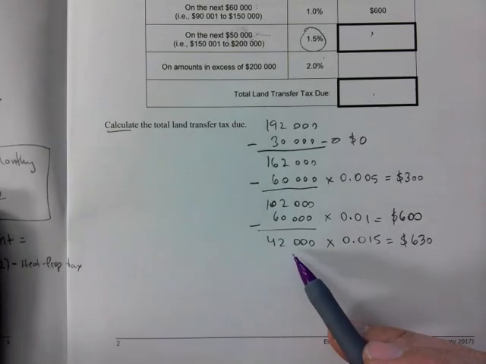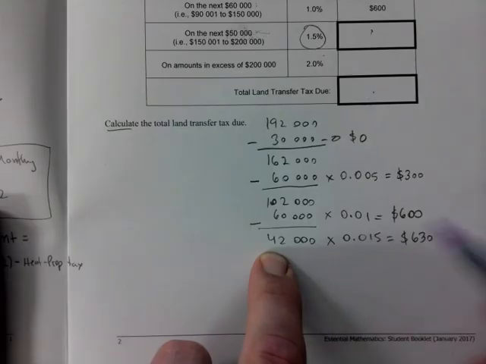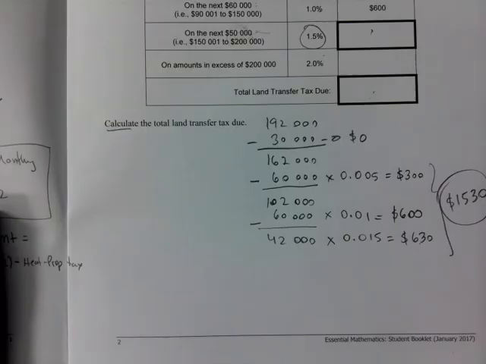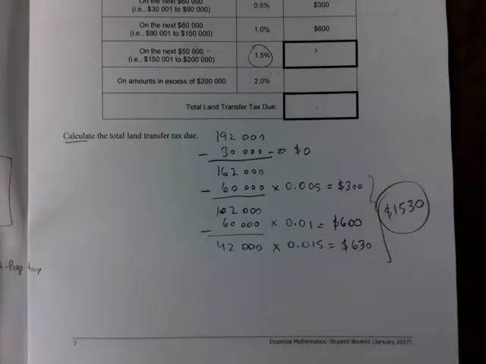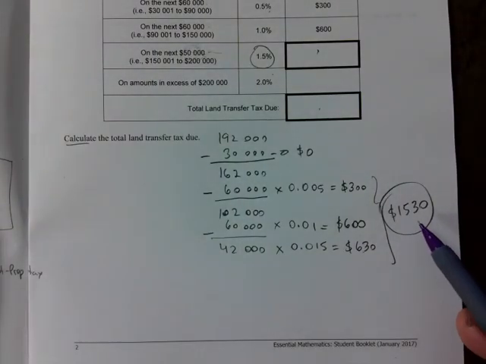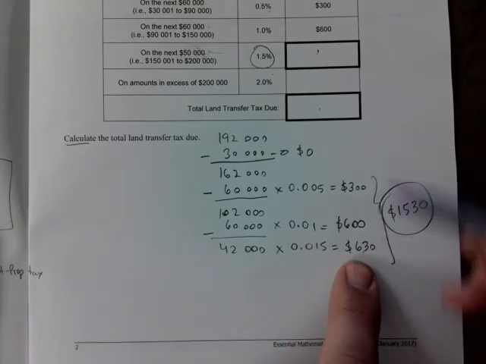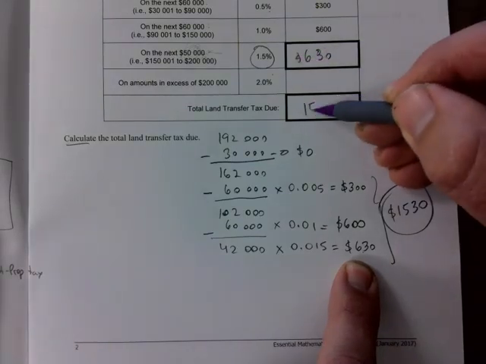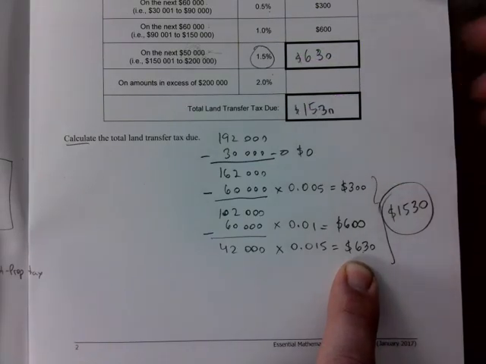But we only have 42,000 in that chunk. Add it all up, that's 900 plus 630, that's 1530. That's the total land transfer tax due, that's what they want. If it makes you feel better, you write in 630 here, and you write in 1530 there, okay?